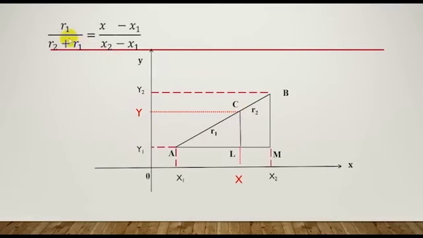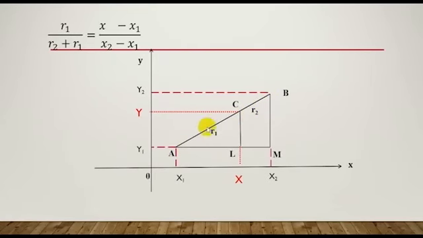The first one, if we take that triangle R1 and use the whole triangle, that will be R1 plus R2 all together.